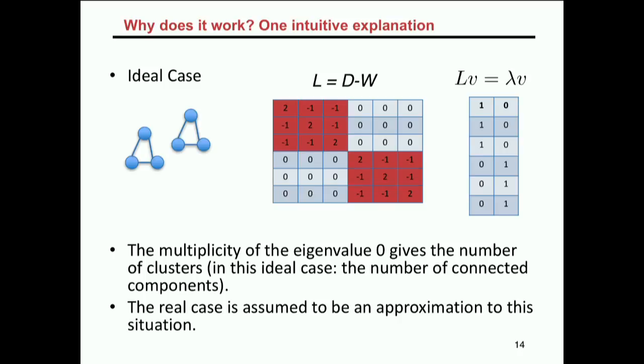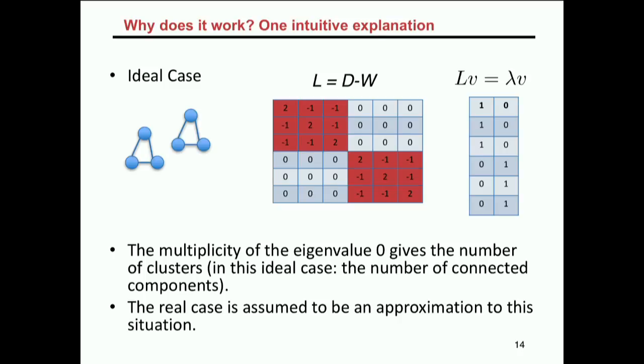In this case, what will happen in your Laplacian after a certain correct permutation, and again, spectral clustering won't need to find the permutation, but for ease of explanation, it's nice to describe it in the correct permutation. This creates a block diagonal matrix. In the real case, there will be a couple of extra entries in the off diagonals, but there will be densely connected block diagonals, and your job is to recover this block diagonal structure.